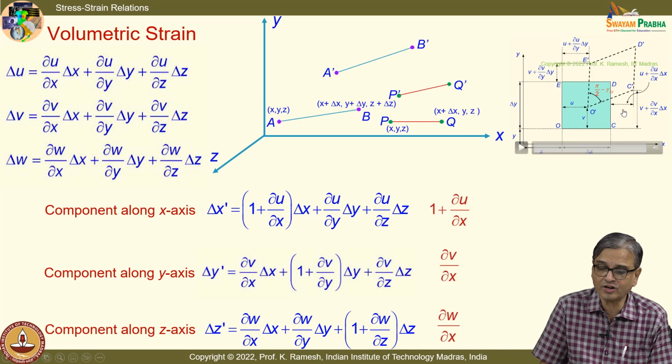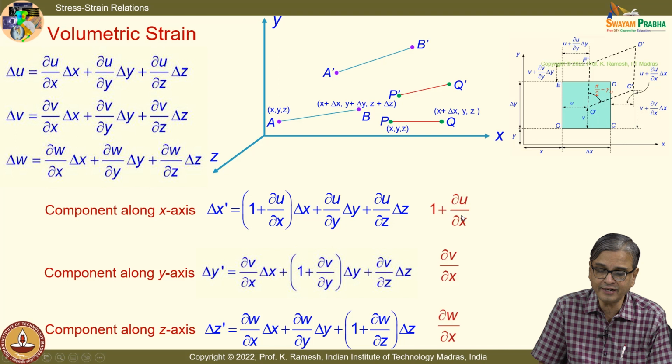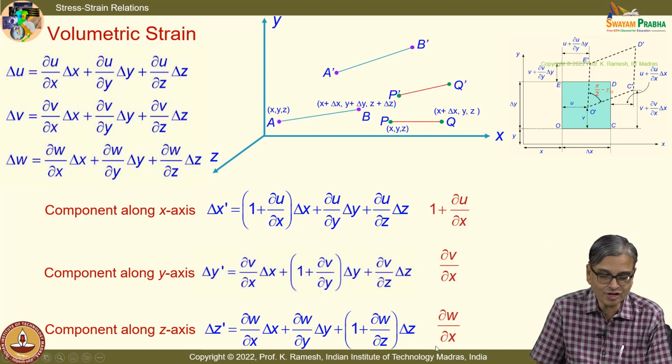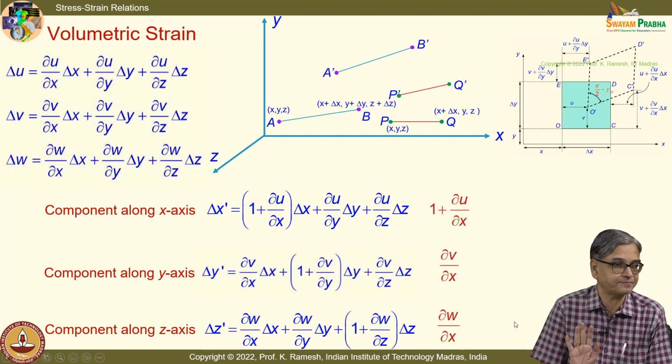It has got distorted like this, and when you look at what happens to this, it is u plus dou u by dou x delta x. That is what you are putting here. And then here you have shifted by dou v by dou x. We have missed out what happens in the z direction, so the extra quantity dou w by dou x comes.